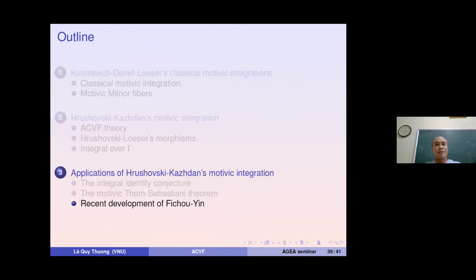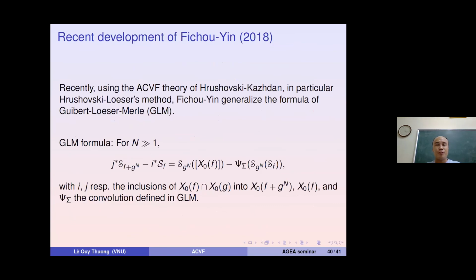Now, a recent development of Fichou and Yin: they want to use the ACVF theory of Hrushovski-Kazhdan to generalize the formula of Guibert-Loeser-Merle. The formula of Guibert-Loeser-Merle computes the motivic nearby cycles of functions of the type f plus g to the power n, where n is large enough.